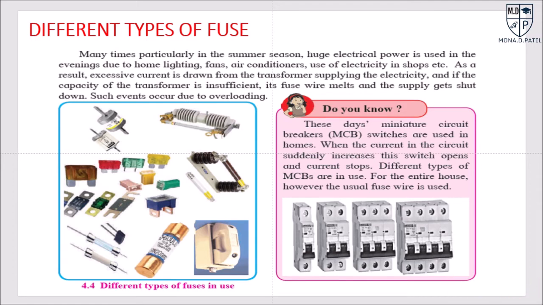Therefore, fuse wire is used as a precautionary measure. We have learned about fuse wire in the previous standard. As soon as a high current flows in a circuit, the fuse wire melts and breaks the circuit, and any accident is avoided.